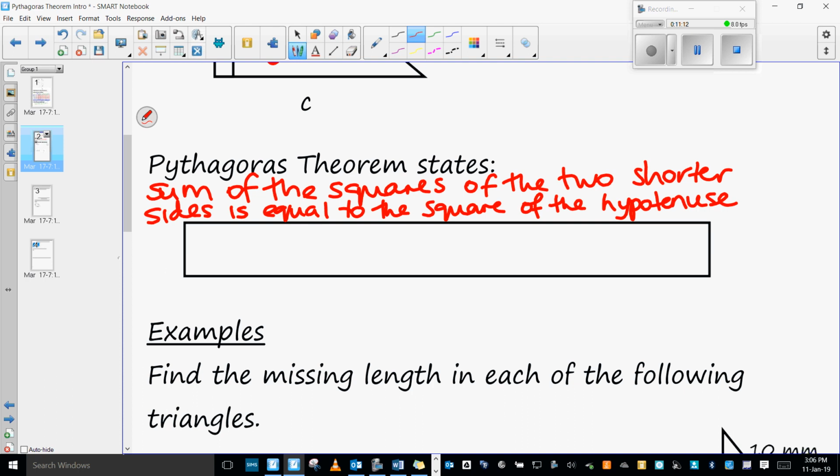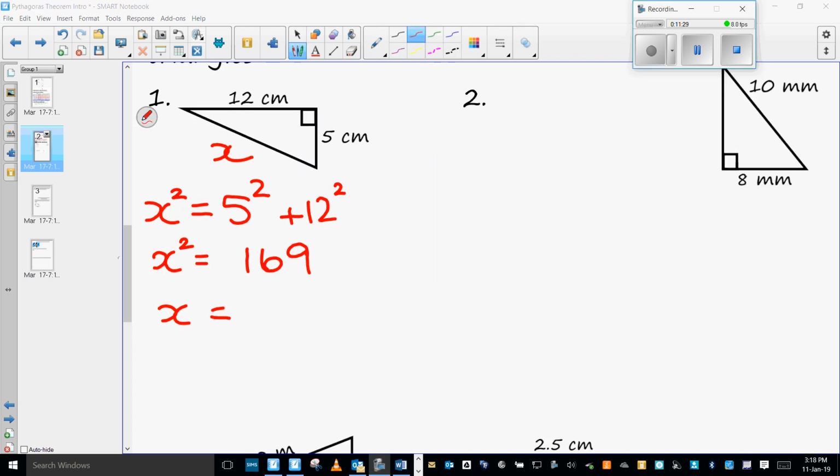So the sum of the squares of the two shorter sides is equal to the square of the hypotenuse. Have you written that down, Abby?